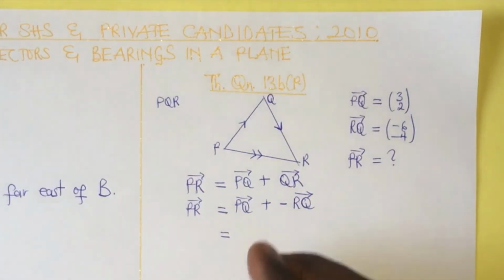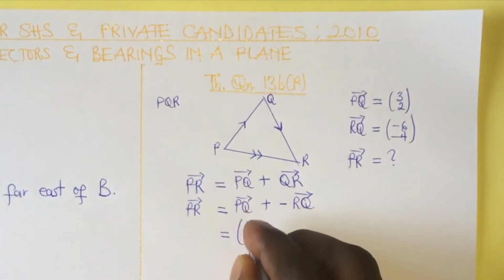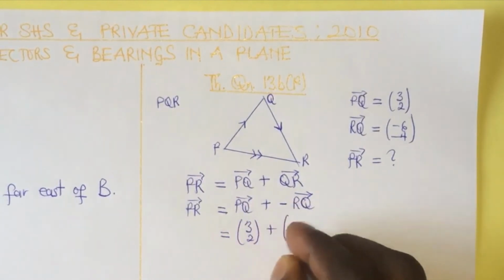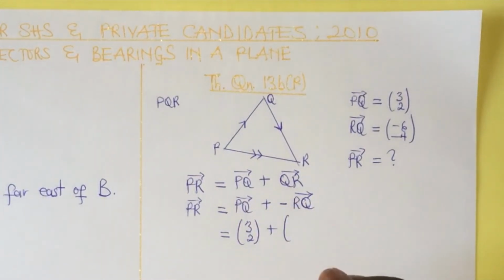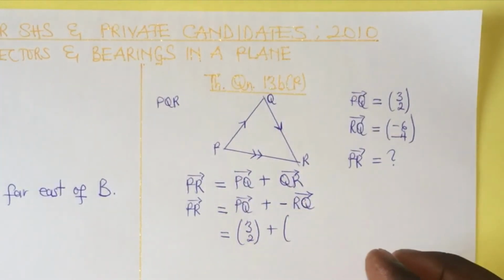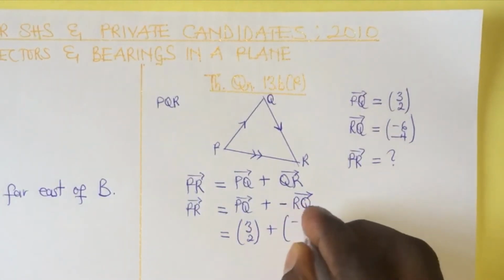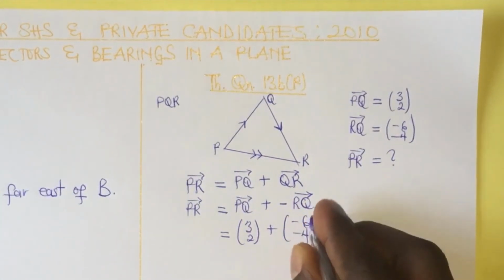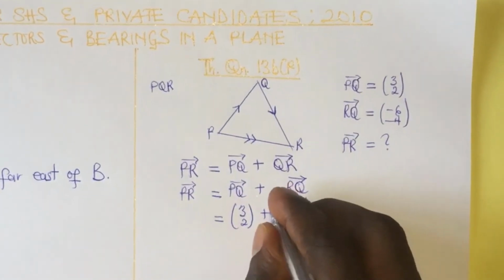So we do a substitution. Our PQ is 3, 2 plus our RQ is -6, -4, but we are dealing with negative vectors.